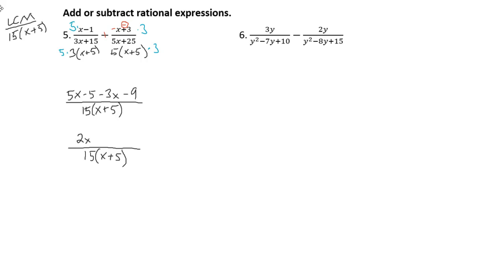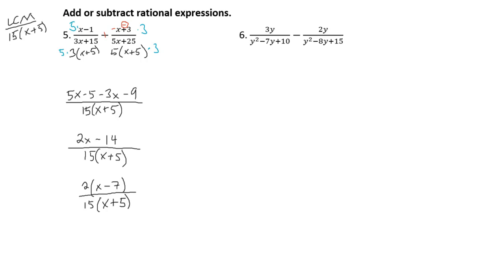And negative 5 minus 9 is negative 14. And to put that in factored form, that would be 2 times x minus 7 over 15 times x plus 5. And nothing there can factor, so we'll leave it like that.